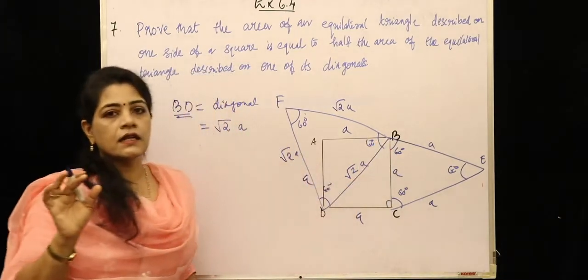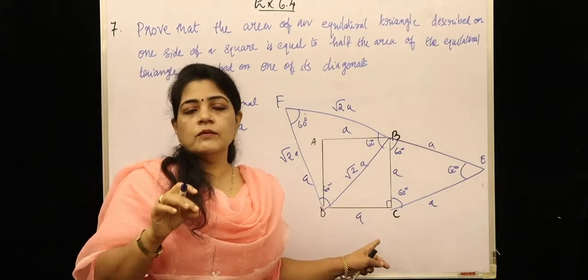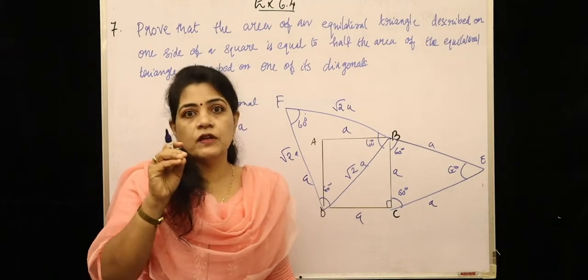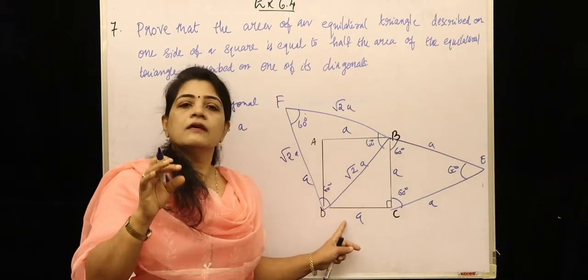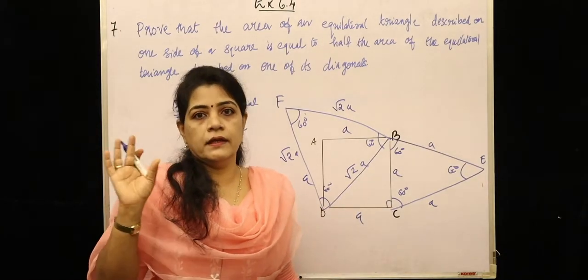So is the idea clear, children? See here, the equilateral triangle described on the diagonal of the square ABCD has the length of each side equal to root 2 into a, because BD is the diagonal and its length is root 2 into side.